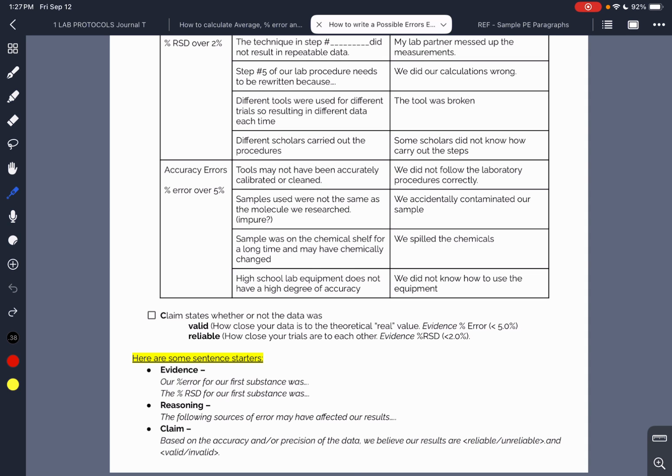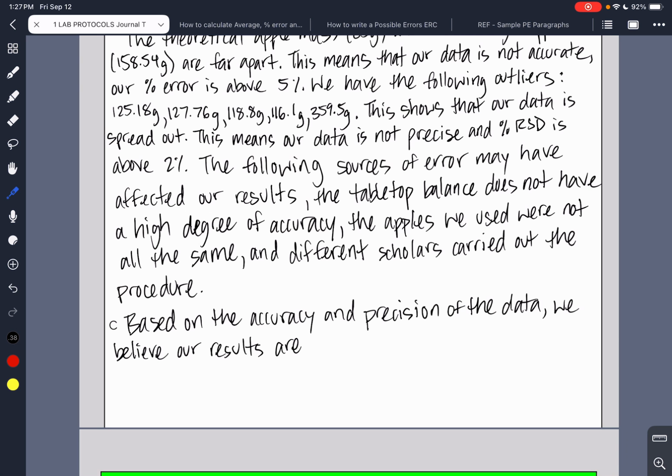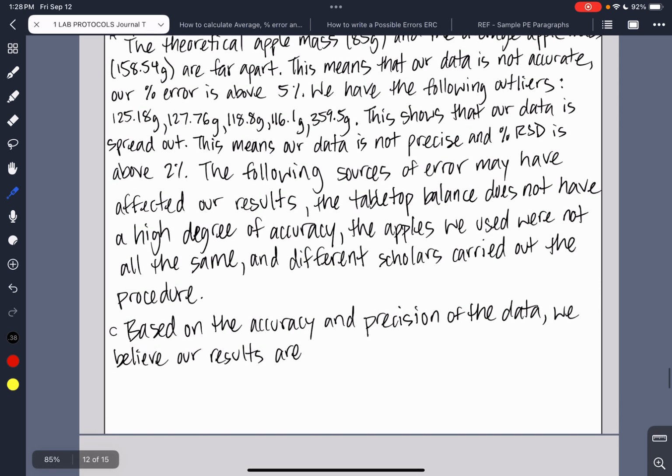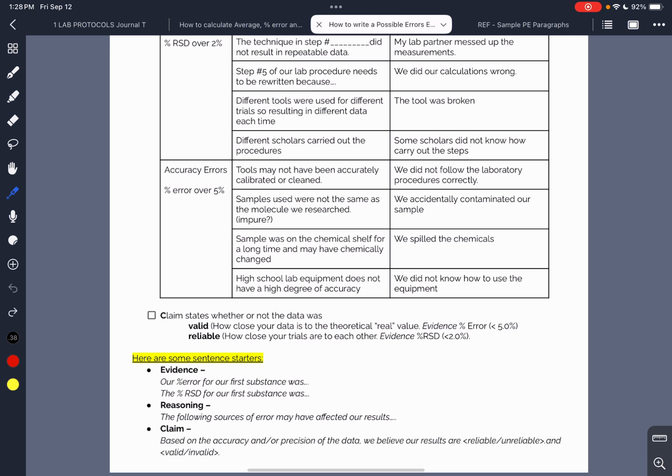If our data is reliable, this is talking about how close our trials are to each other. So that means our percent RSD should be under 2% if our data is reliable. But if you look at our data, our percent RSD is way above 2%, which means our data is not reliable. So out of these two options, we're going to say unreliable.